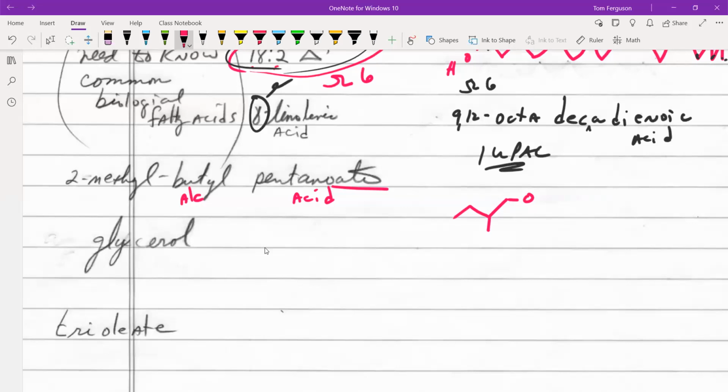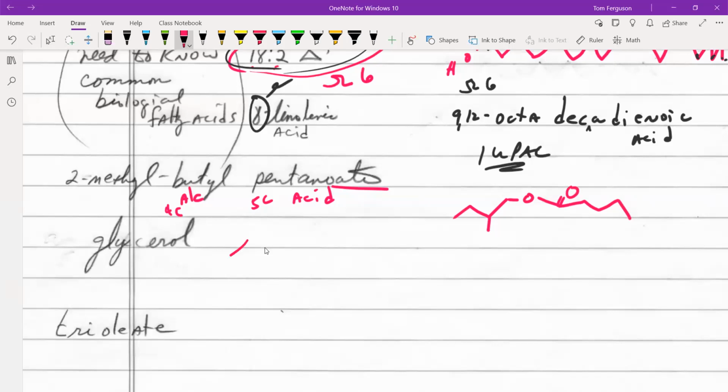Carbon number 2. That's for the butyl alcohol that it started with. And we have a 5-carbon acid.